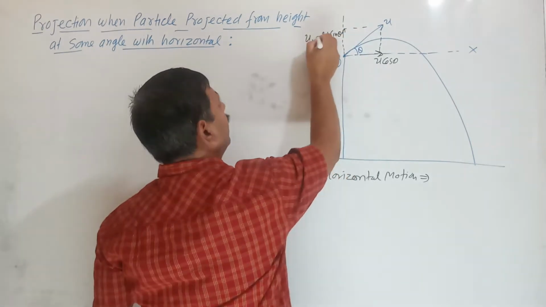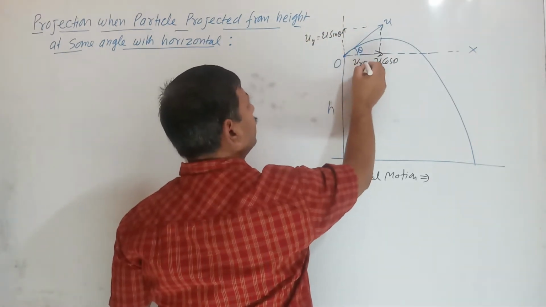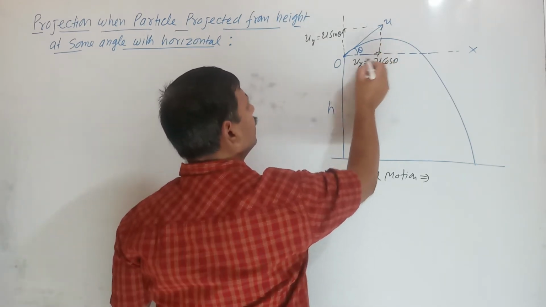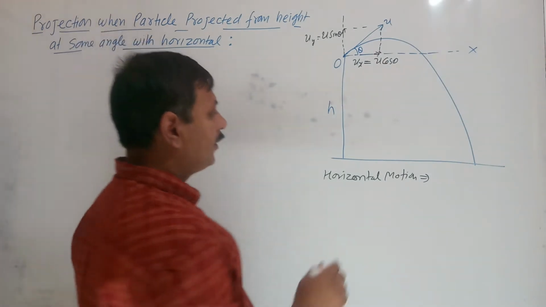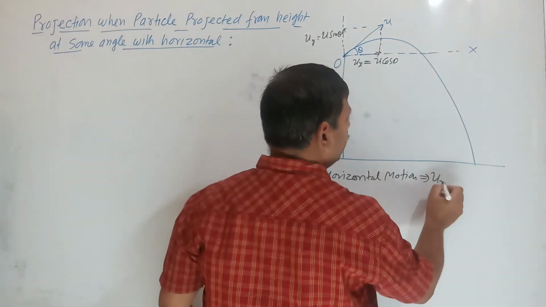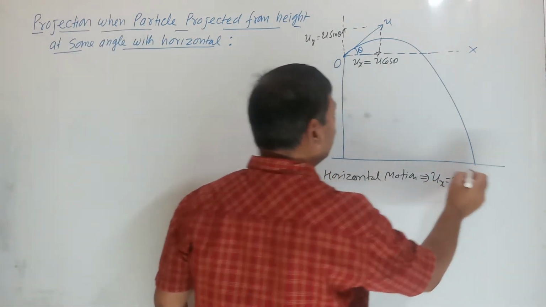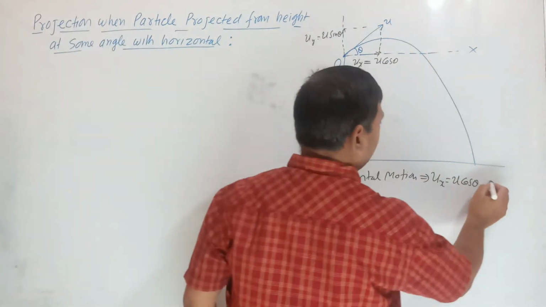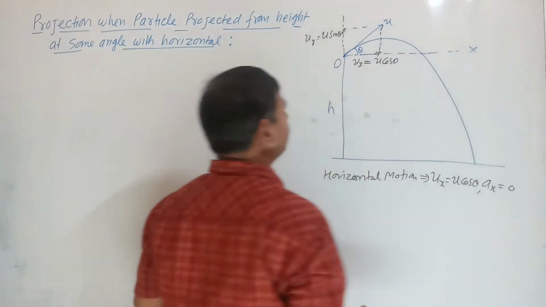So uy is equal to u sin theta and ux is equal to u cos theta. So for horizontal motion, the initial velocity ux is equal to u cos theta. Since no force is acting, acceleration is 0.